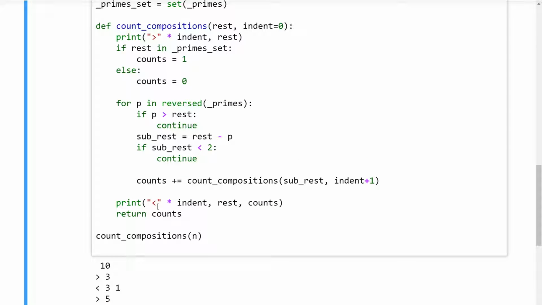So let's see, if rest is in prime set, so we're counting with the cases 3. Maybe we should go up to the half of primes. Yeah, I think I see. So we're looking at 5, and we get down to the prime 2.